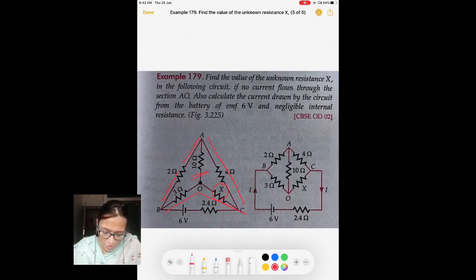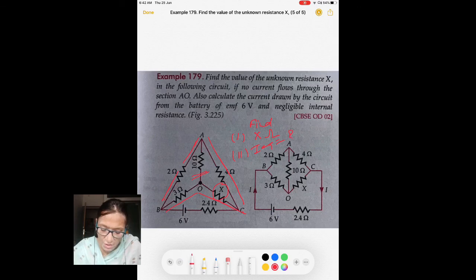So you have to calculate two things. Number one, find X ohm. Number two, you have to calculate the current drawn by the circuit from the battery of EMF. I equivalent is equal to what.